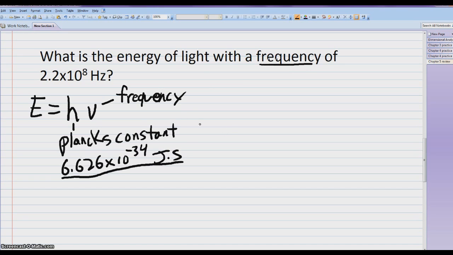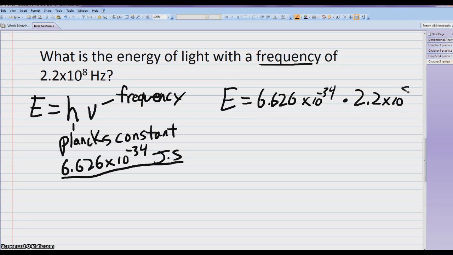We're given frequency, we've got Planck's constant, we need to calculate energy. So energy is equal to Planck's constant, 6.626 times 10 to the negative 34th, times our frequency given, 2.2 times 10 to the 8th.